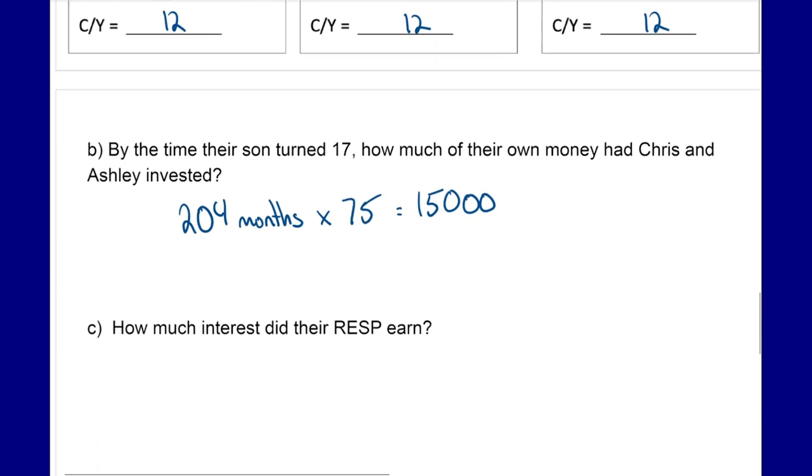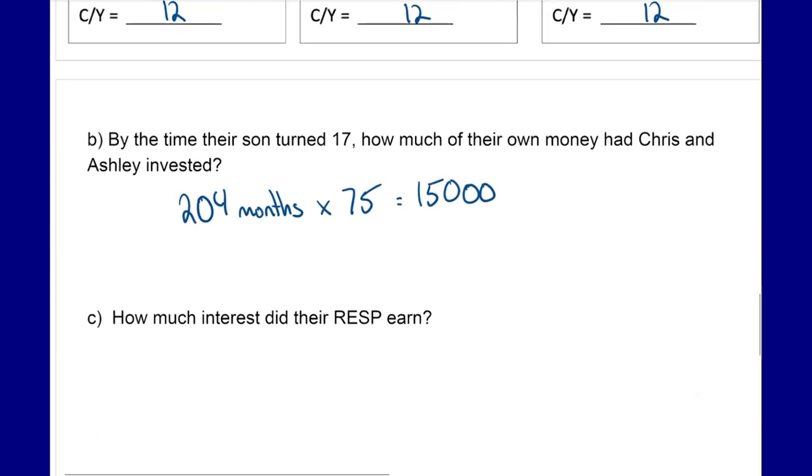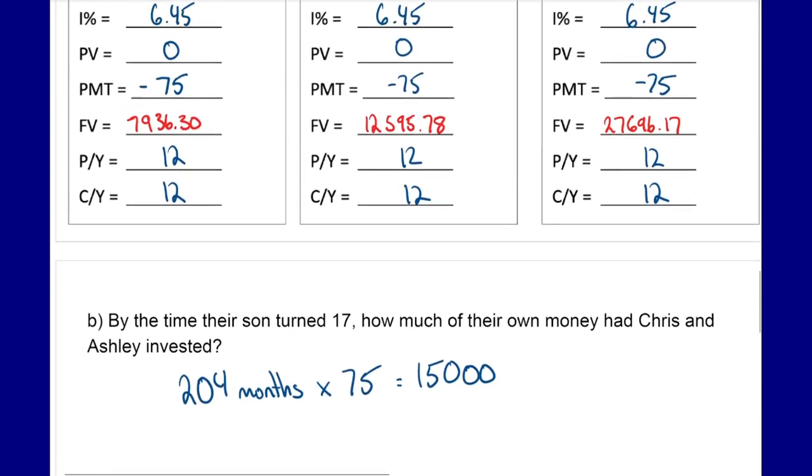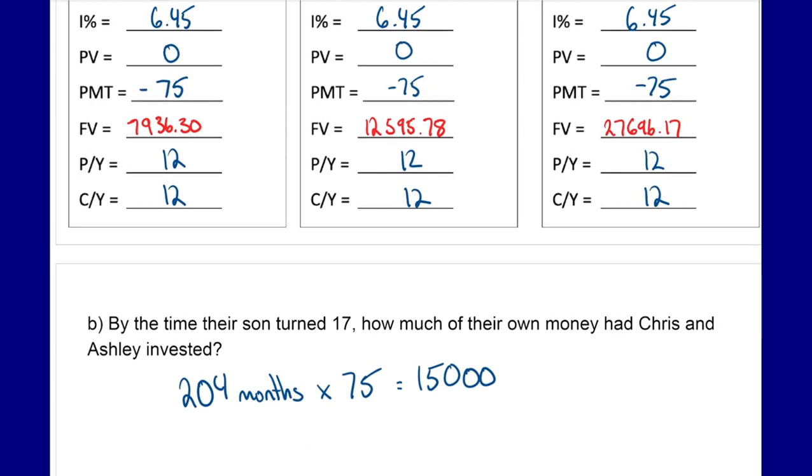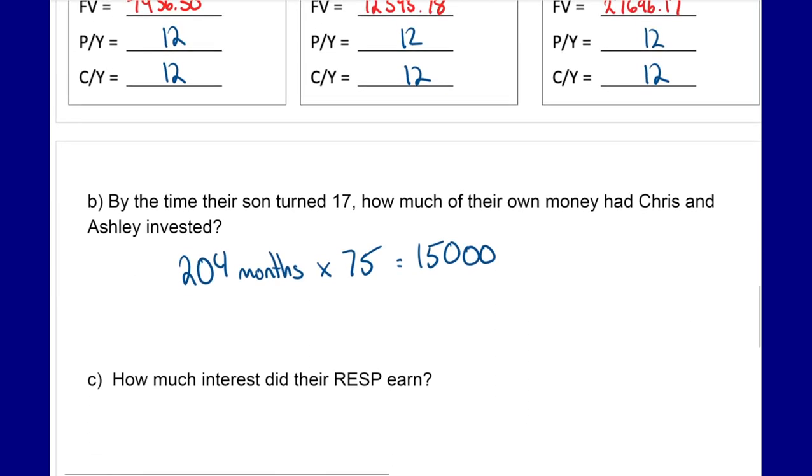Now, how much interest did their RESP earn? In this case, we can take our total value after 17 years, $27,696.17, and subtract the amount of their own money that they put in, the $15,300.